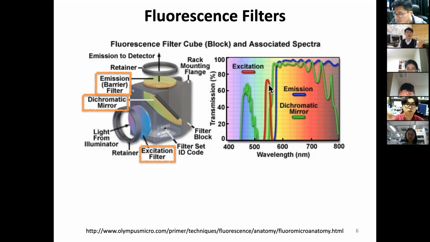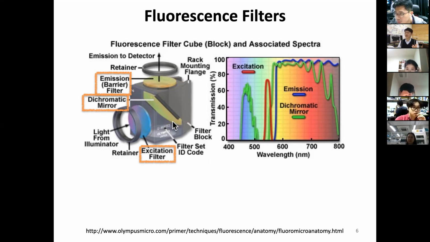For the emission, you need to open up all the light, as many photons as possible, but with a longer wavelength, as I said. So that is this blue emission filter, which you can see the transmission is high here, but transmission is almost very low on this background or lower wavelength. So that's key.